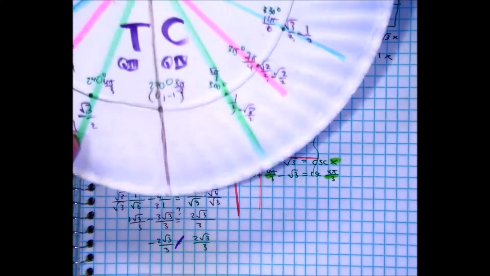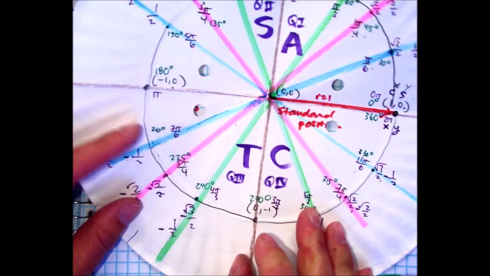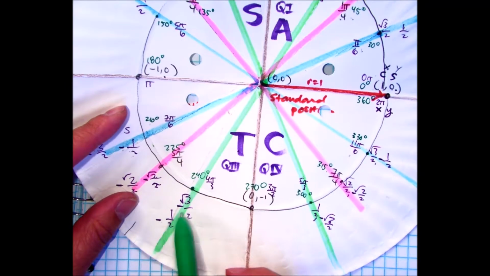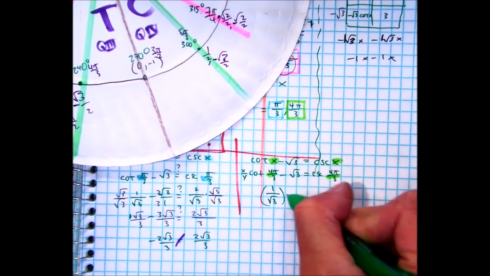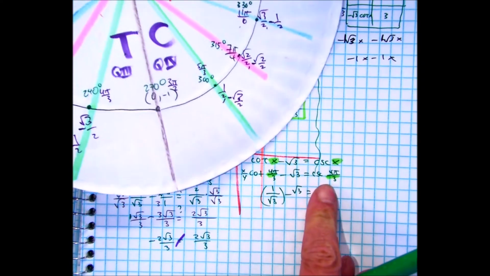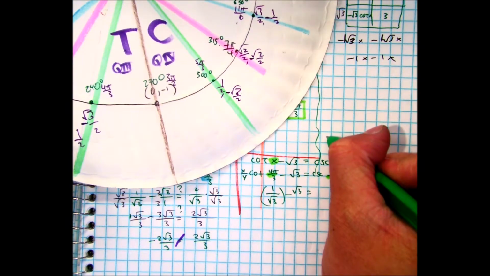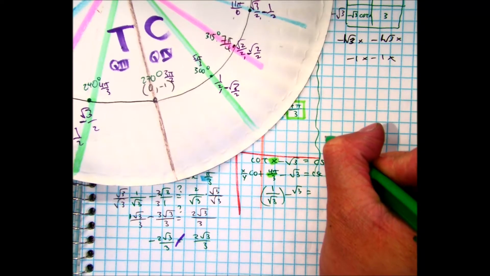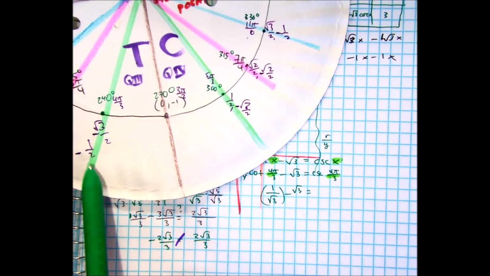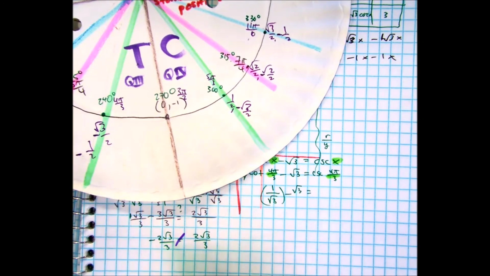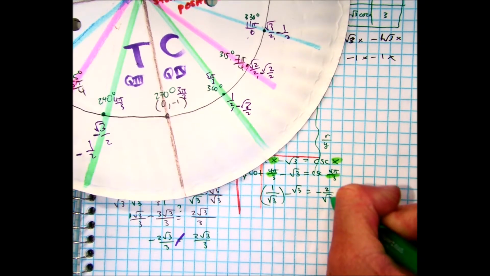Yes? I'm looking for cotangent, which means x over y, so this would be a positive 1 over radical 3, minus radical 3. At the same location, we're going to find cosecant. Cosecant is just the reciprocal of sine, so r over y. If I look at sine and take the reciprocal, it's going to be negative 2 over radical 3, right?